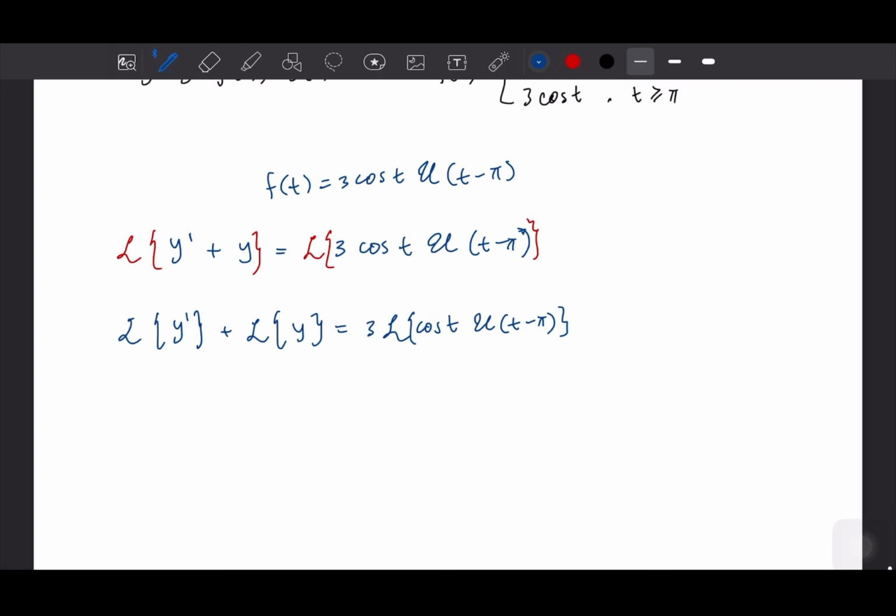But the idea is still the same: we take the Laplace, we solve, and then we go back with the inverse so that we have the final result in terms of t. We take Laplace and make it algebraic operations in the variable s. Let me help you understand.